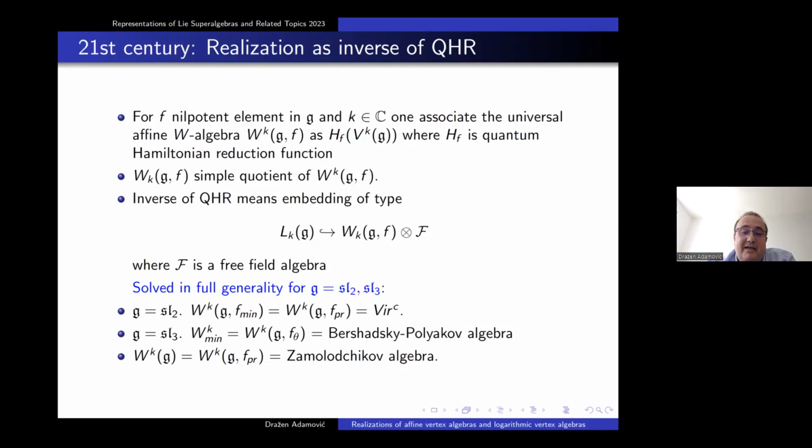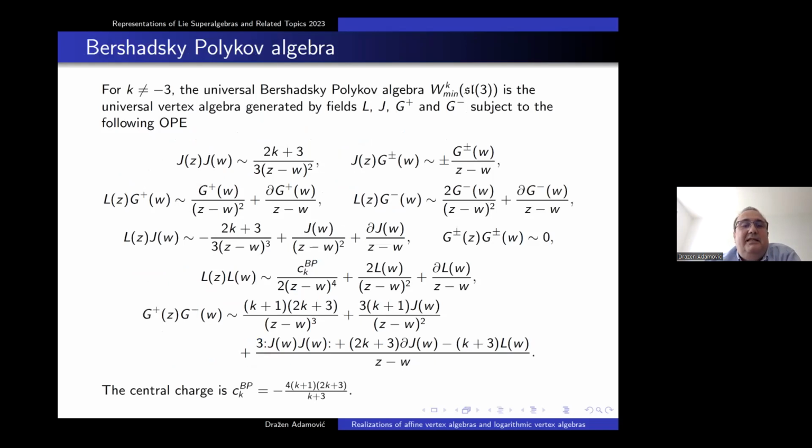If we take the minimal nilpotent element, we get the so-called Bershadsky-Polyakov algebra. Everything was defined even before the concept of vertex algebra, but now we can prove theorems using it. So I want to recall and show what this Bershadsky-Polyakov algebra is. I skip Zamolodchikov.